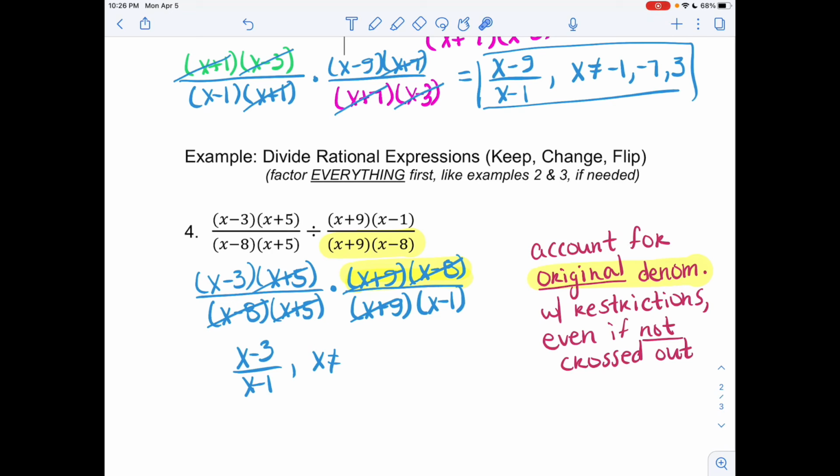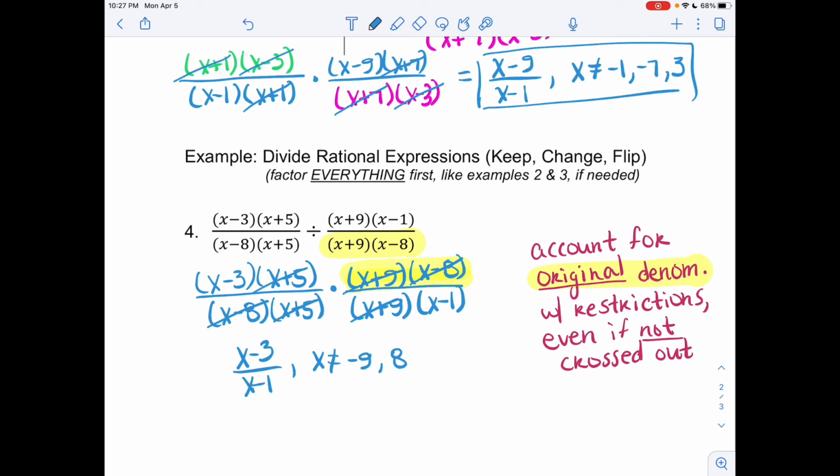I'm going to note a restriction that x cannot be negative 9 because negative 9 plus 9 would give me 0. X can also not be a positive 8 because that would make this term 0, and remember that was part of my original denominator. That also happens to be two of the terms that I crossed out, but even if I hadn't crossed them out, they would still need to be accounted for.